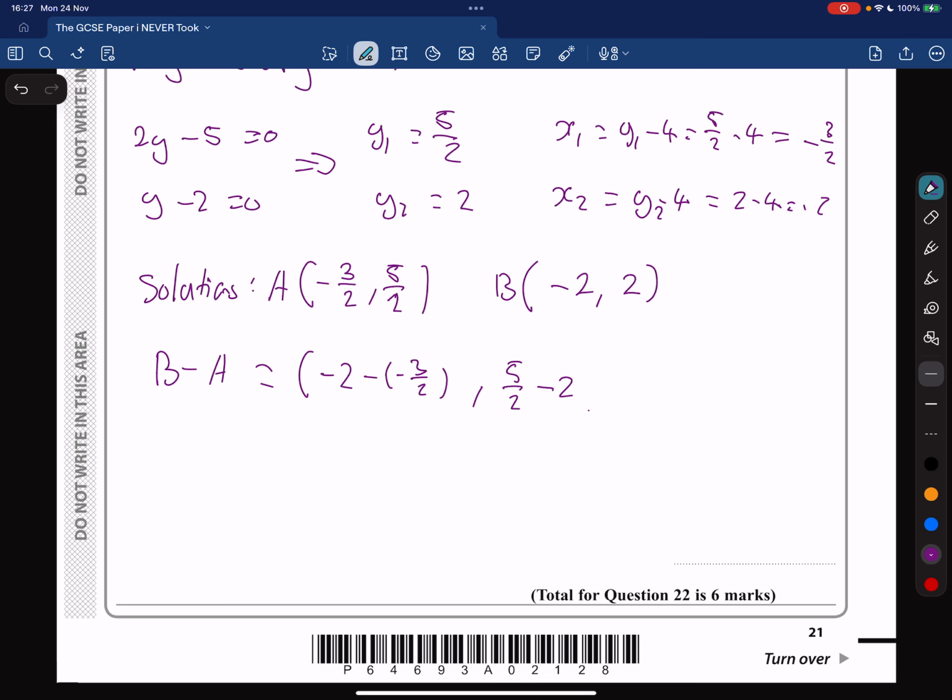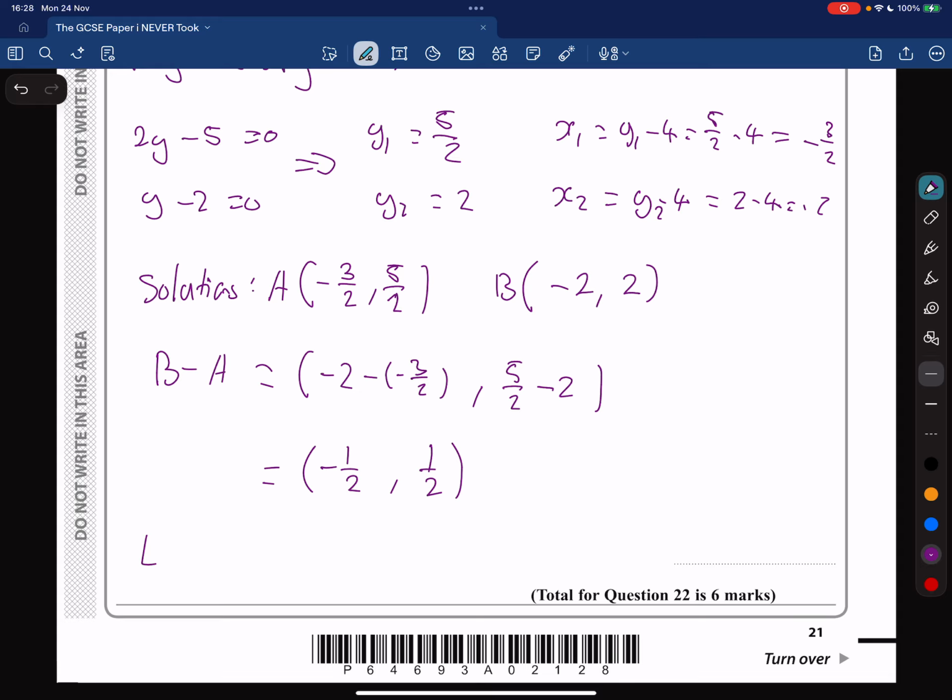minus 2, which is equal to minus 2 plus 3 over 2, which is minus a half, and then we've got to do 5 over 2 minus 2, which is a half as well.